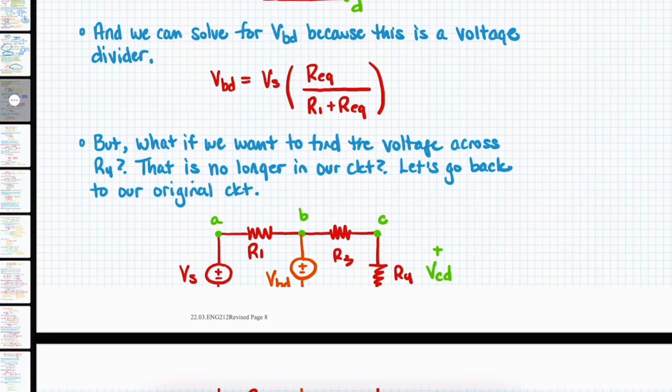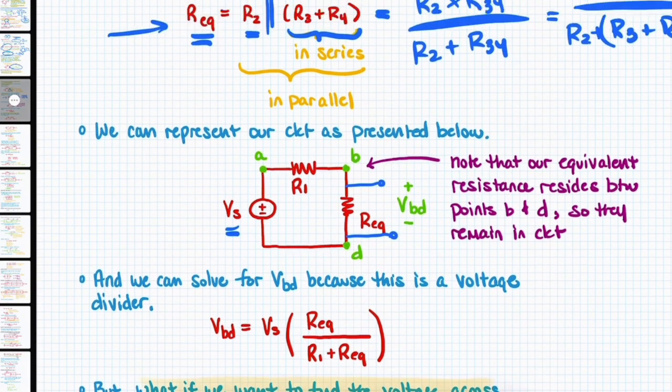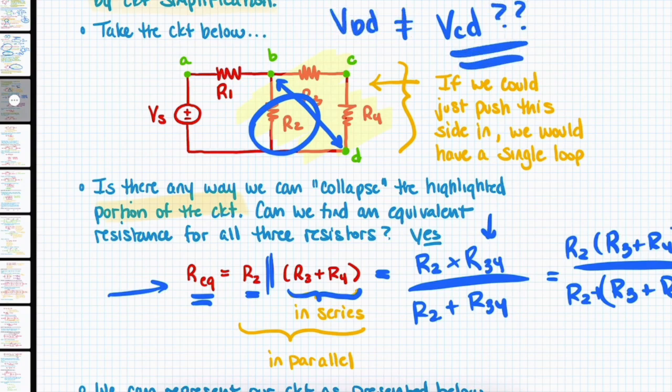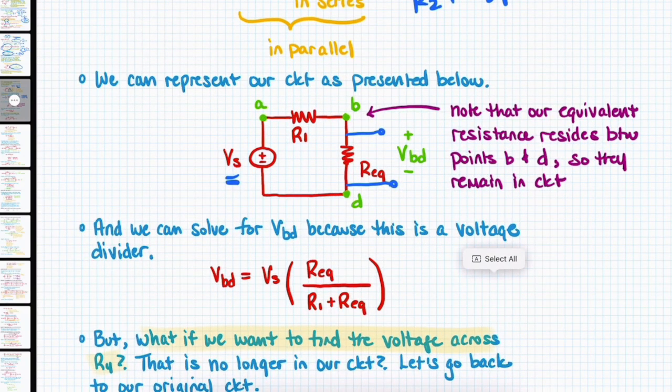What if we wanted to find the voltage across R4, which, if we go all the way up above, would be VCD? We know VBD, but we don't know VCD. And in the simplified version of the circuit, VCD doesn't even exist. We can't see it here.